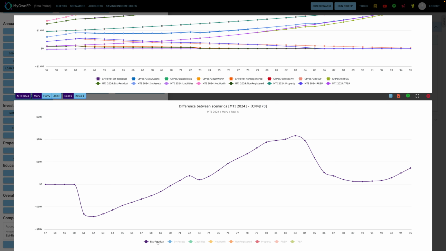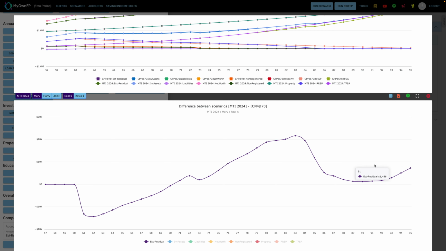So in this case now, our RSP goes a little bit longer, actually right to about 86. And the MTI case actually ends up negative at first by $12,000 and positive near the end by $20,000, and then going lower and then recovering a little bit again.